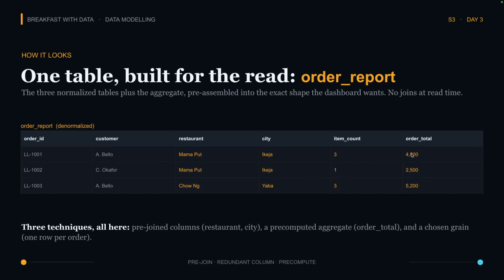And this will be, what is it called? 4,800 plus 5,000, plus 2,500. That will give us, I think, 7,300 if I'm not mistaken, right? So that kind of aggregates all of that. So these joins have been pre-computed, pre-aggregated for us.